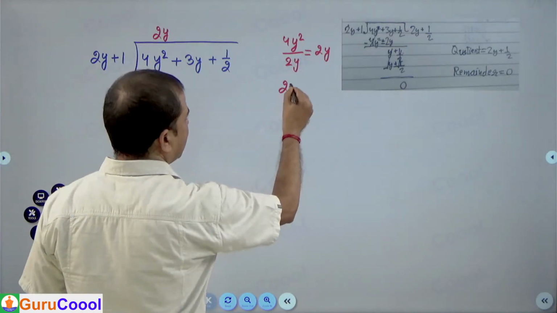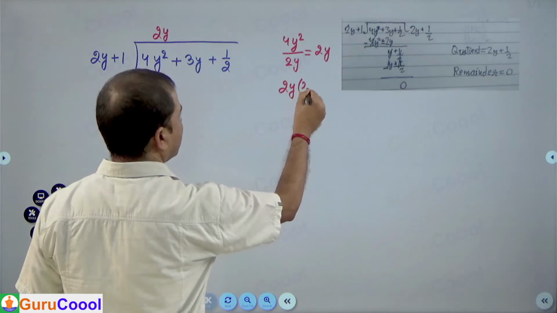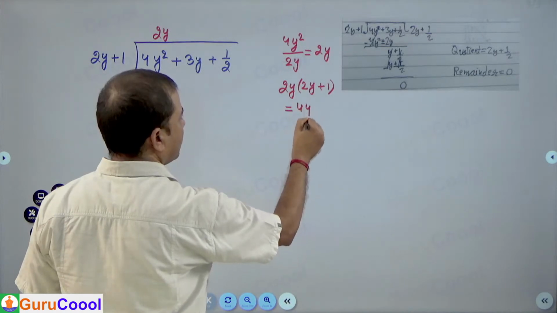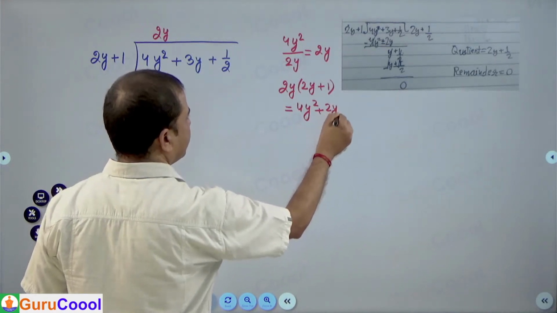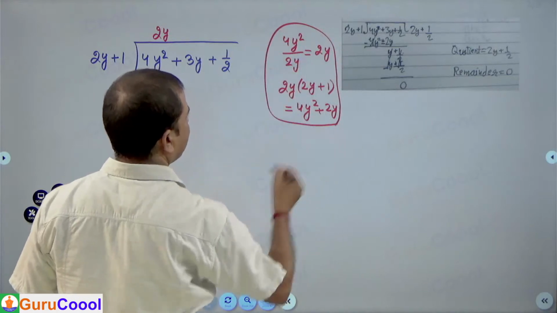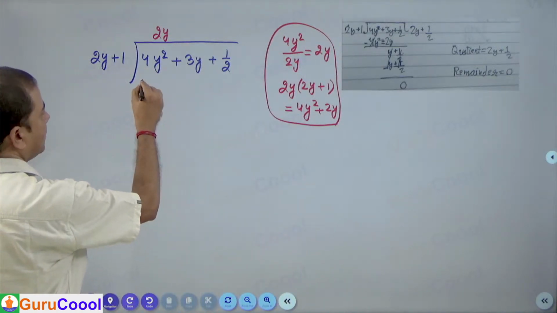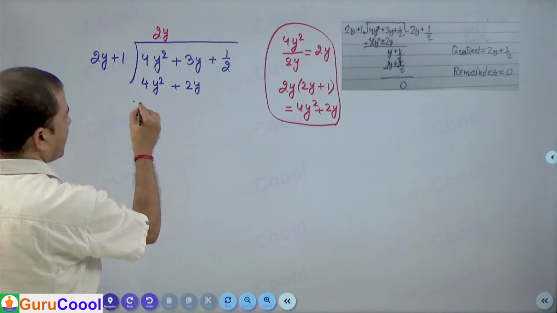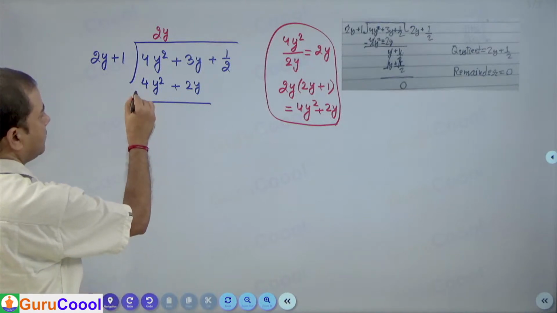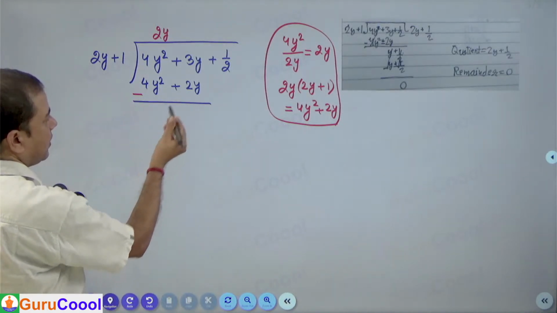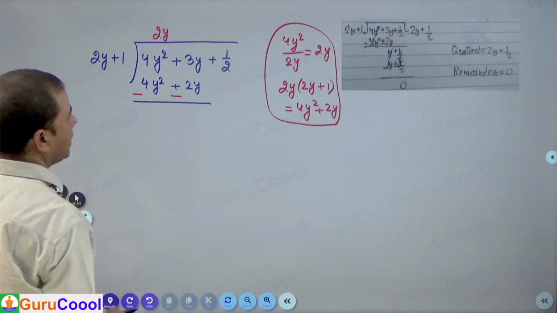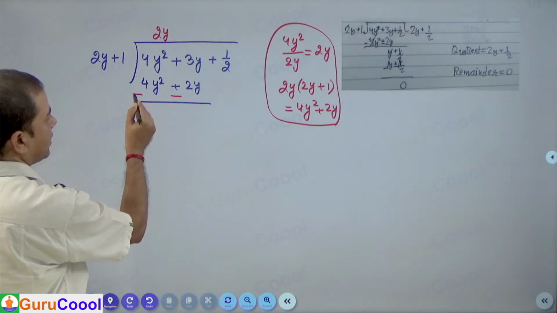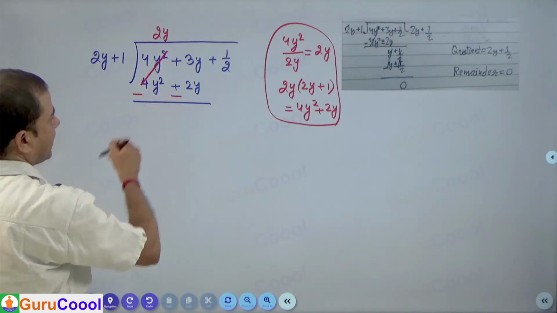Now 2y multiplies with the divisor 2y plus 1 and we get 4y square plus 2y. Right here, 4y square plus 2y. Change the sign. This is positive, so becomes negative. This is positive, again it becomes negative. And as we know, first term always cancels, plus 4y square, minus 4y square, cancel.